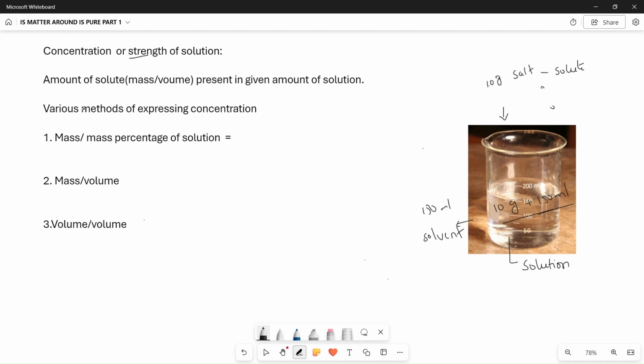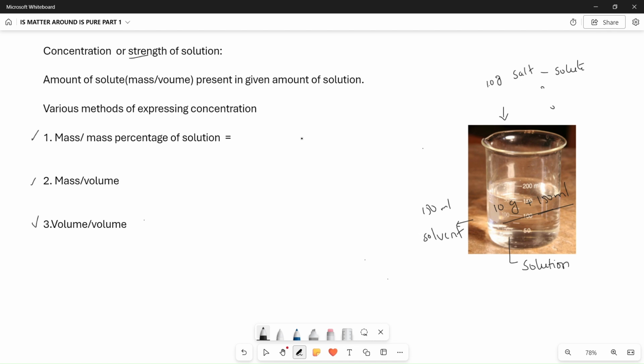Till today, we have been explaining like one spoon or one spatula of the solute. But for the sake of calculations, we have to express in terms of units. That's why there are some formulas for expressing the concentration of any solution. There are three ways: mass by mass percentage of solution, mass by volume percentage of solution, and volume by volume percentage of solution.